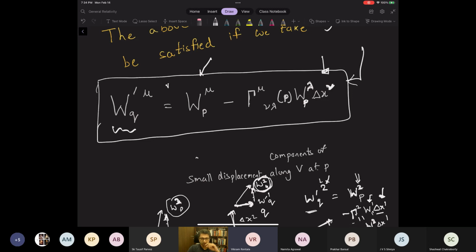These corrections are proportional to the small displacement, and also proportional to different components of the original vector itself. There are some coefficients, and the rule for how to parallel transport is the rule for prescribing what these coefficients are. You tell me these coefficients at every point on the manifold, and I can tell you how to transport the vectors. That's what we mean by specifying the rules. So if you know gamma, this is equivalent to specifying the rules for parallel transport.